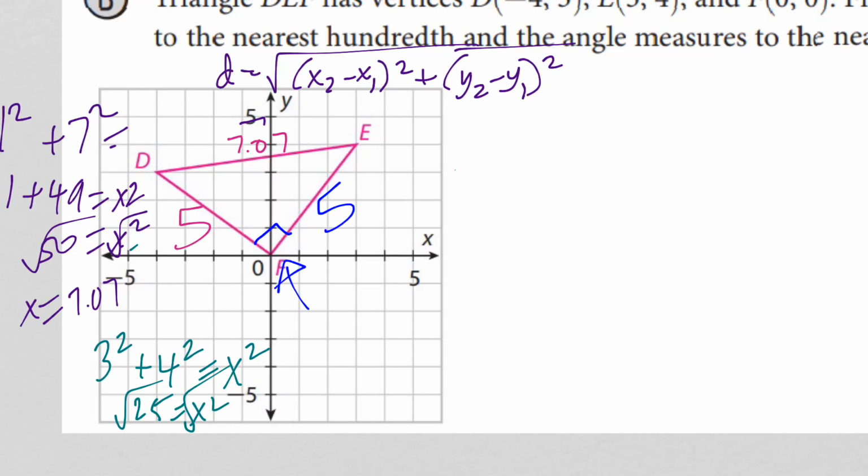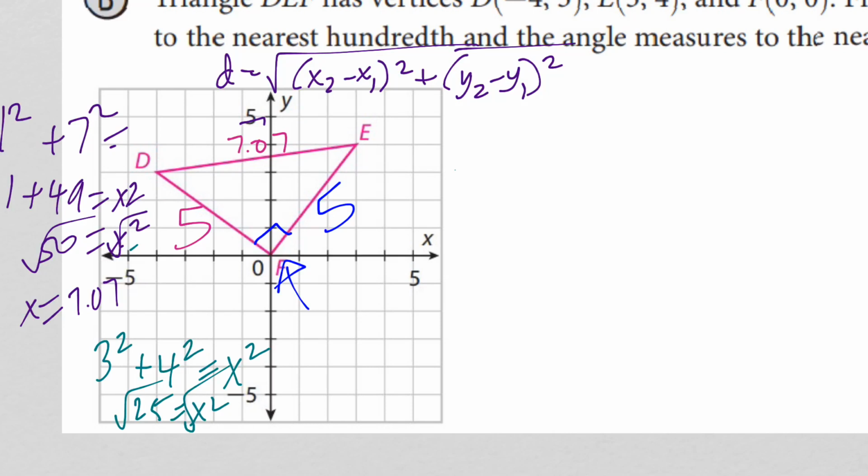If you don't believe me, you can find the slopes, and you will determine that the slopes of DF and FE are negative reciprocals of each other. And in Integrated Math 1, you learn that if you have negative reciprocal slopes, then they are perpendicular, and perpendicular means that they form a right angle. And so DF is perpendicular to FE.